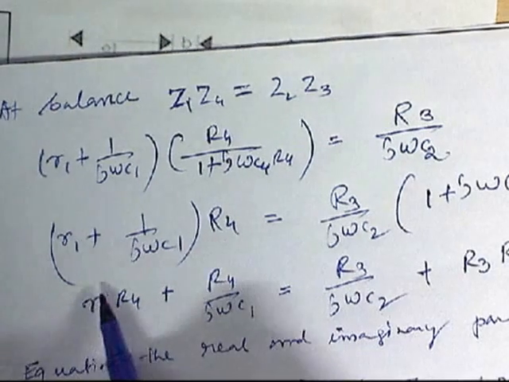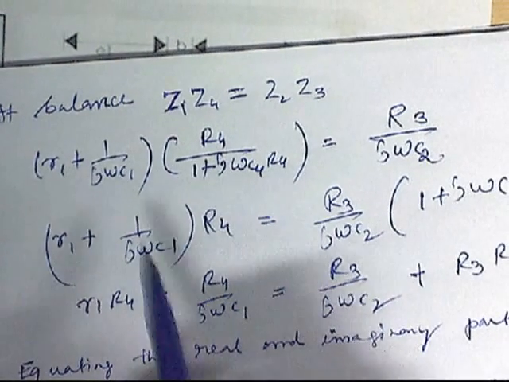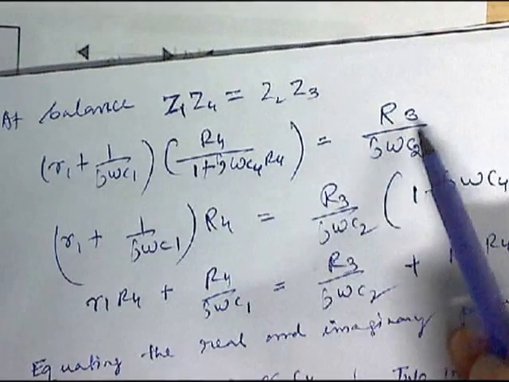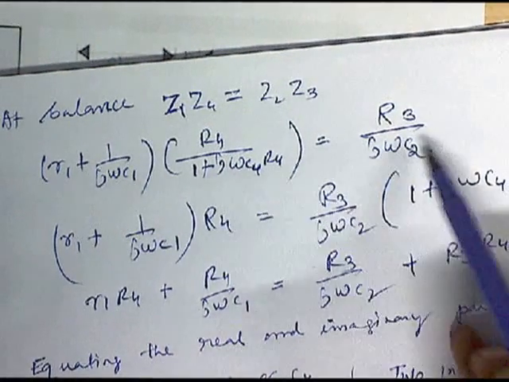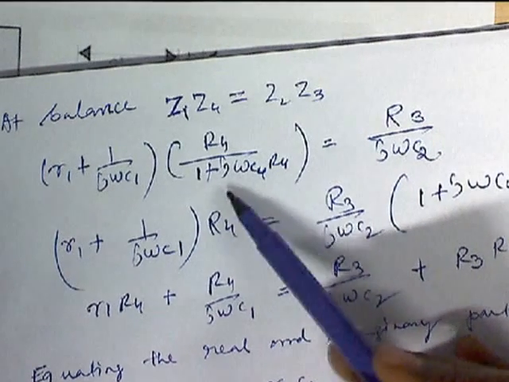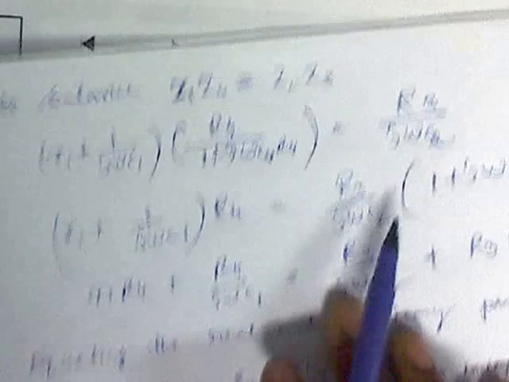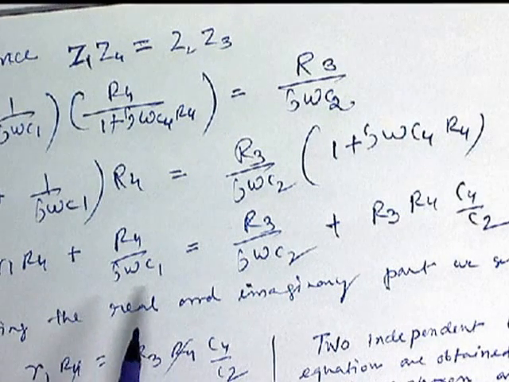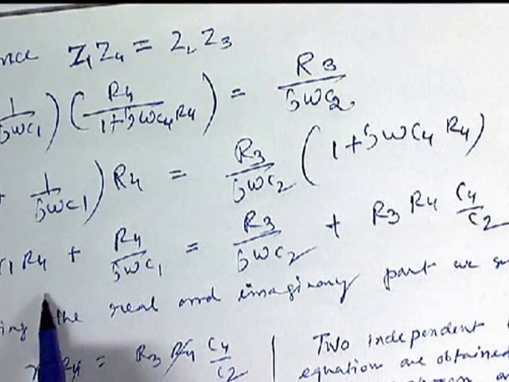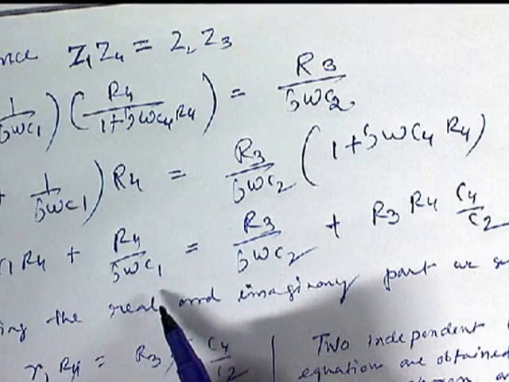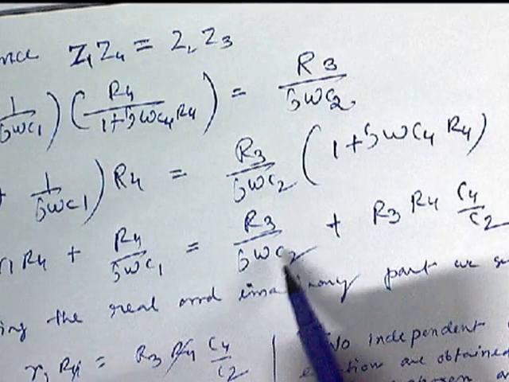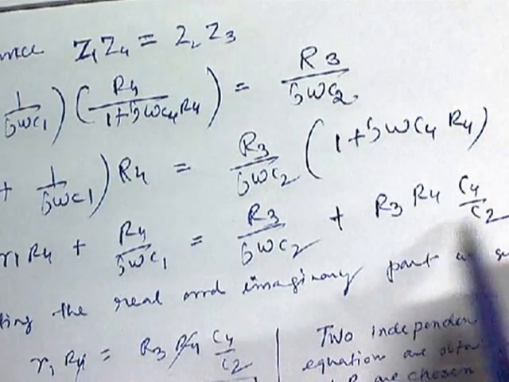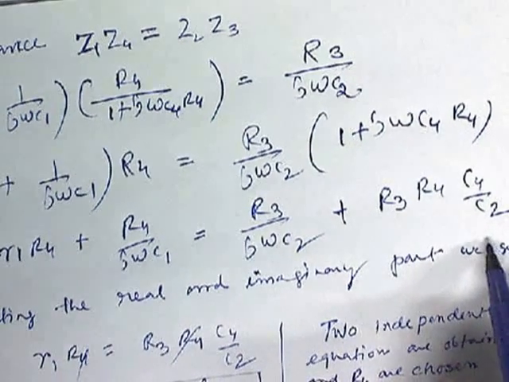From this equation, we multiply by R4 and take the 1 plus j omega C4 R4 to the right hand side. So we get an equation: R1 R4 plus R4 by j omega C1 is equal to R3 by j omega C2 plus R3 R4 C4 by C2.